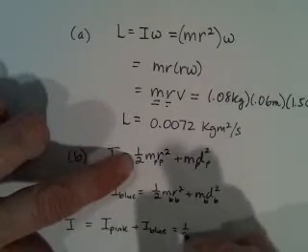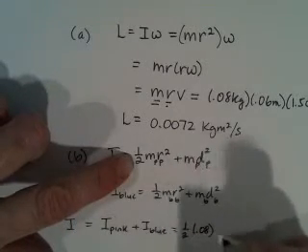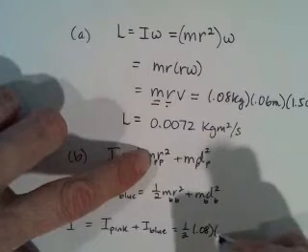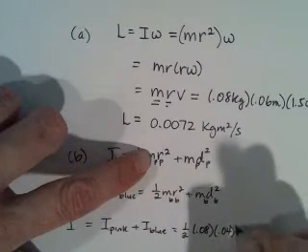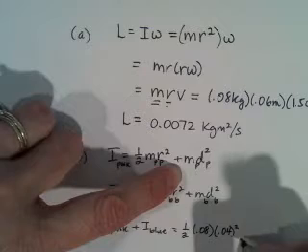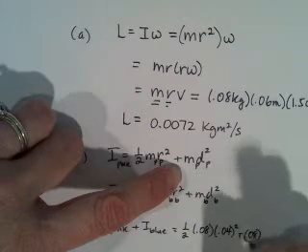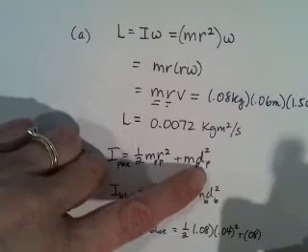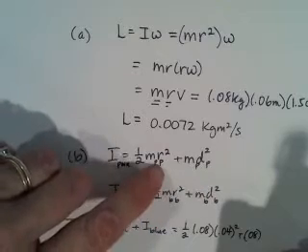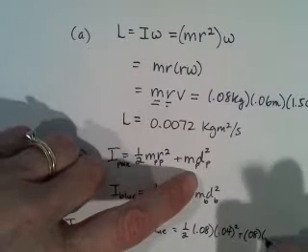So we have 1/2 the mass of the pink puck, which is 0.08, times the radius of the pink puck, which is 0.04, squared, plus the mass of the pink puck, 0.08, times the distance that the axis is shifted off the center of the pink puck to the center of mass, which is a total of 0.06.